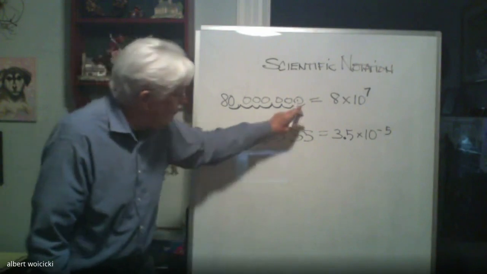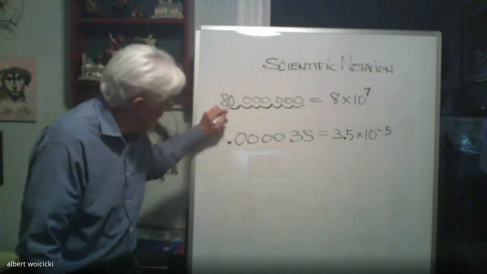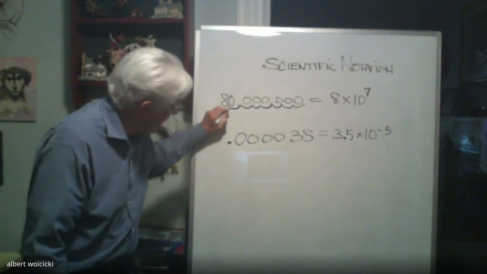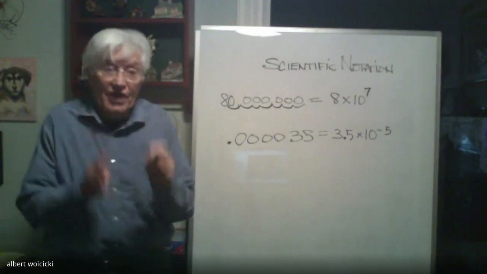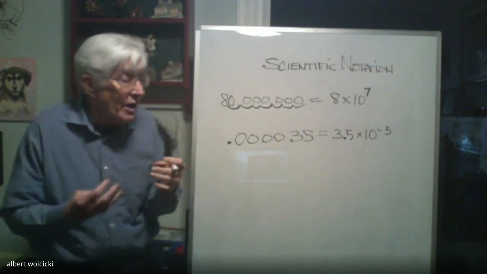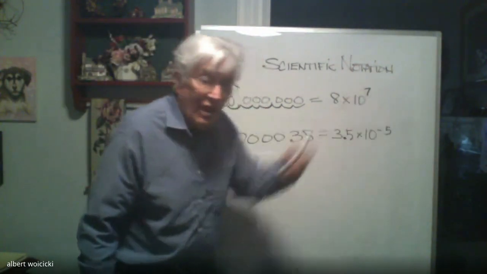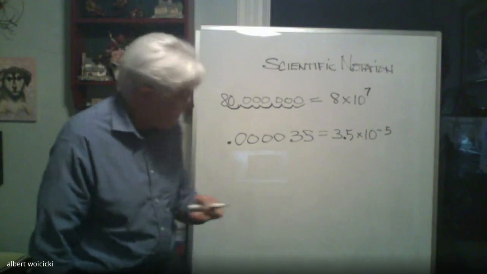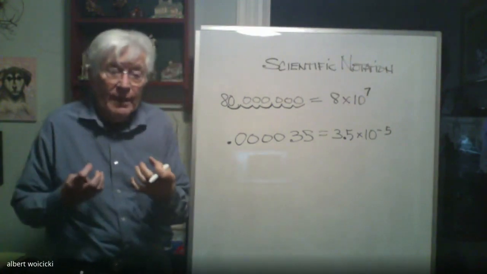So we count the spaces: 1, 2, 3, 4, 5, 6, 7. When I get my decimal back here, I moved back 7 spaces. And because I've made my number smaller, I have to make a positive 7 up here when I write 10 to the 7th.